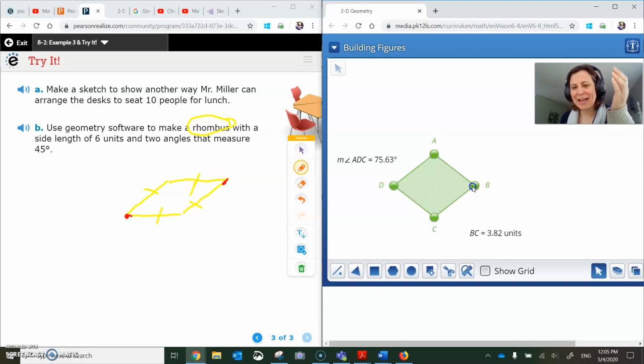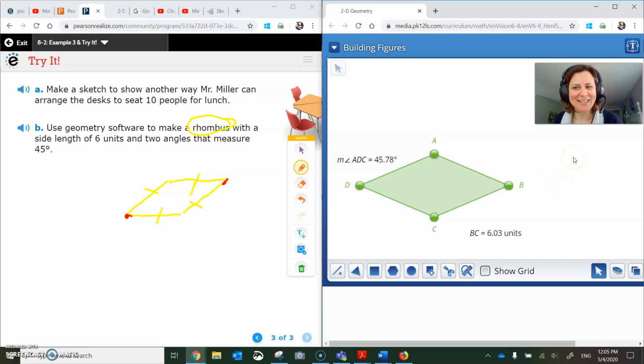And as we pull it out this way, the angle is getting smaller and the side lengths are now getting larger. So those are the kinds of things that make me so sad that we're not together to talk about, because there's a lot of really cool math things happening here.